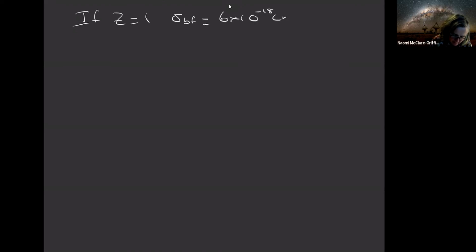So for z equals 1, the bound-free cross-section is 6 × 10⁻¹⁸, oops, that's squared, not cubed, per square centimeter at the threshold energy.